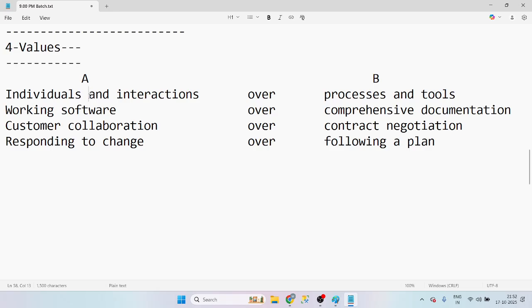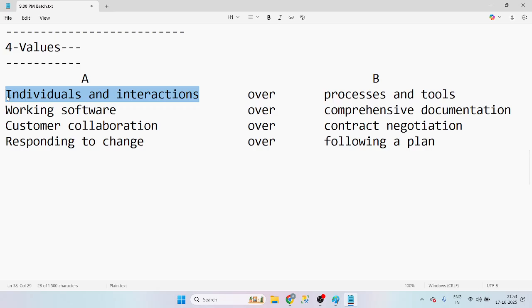In this case, if individuals and interactions are involved, it won't work. I think it will work, Manoj. If you don't have any priority in the organization, how will it work for you? No, that will not work.